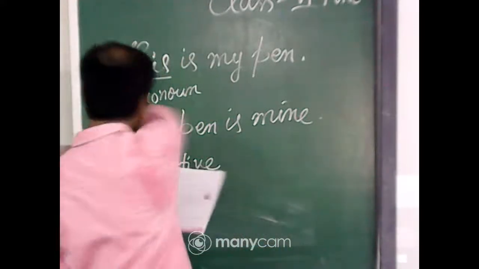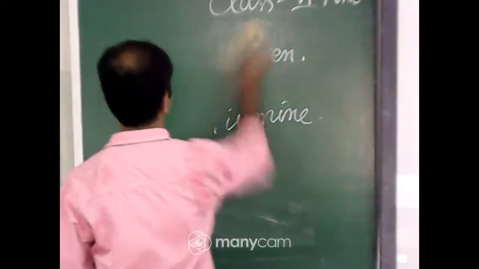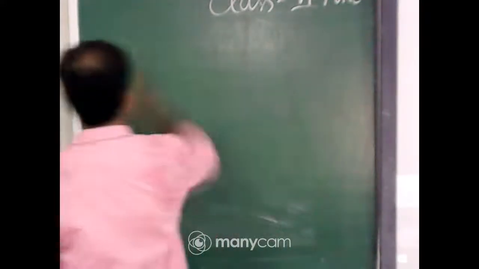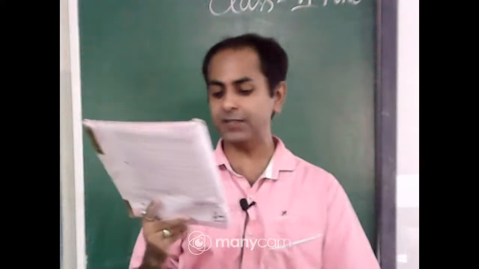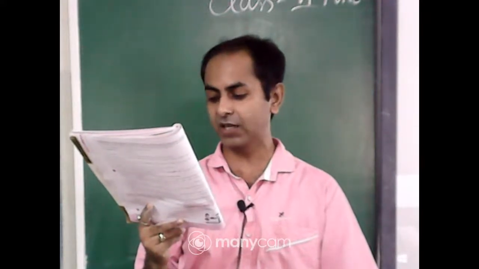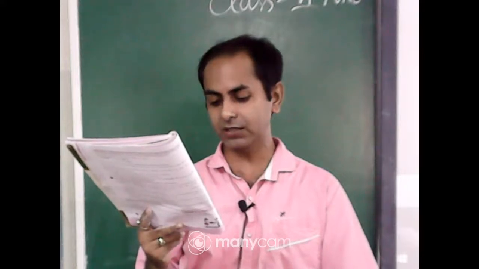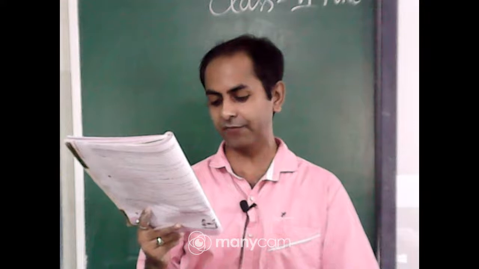Next, we are having reflexive pronouns. Reflexive pronouns are those pronouns in which the actions done by the subject reflect upon the subject. These are words like yourself, myself and herself.